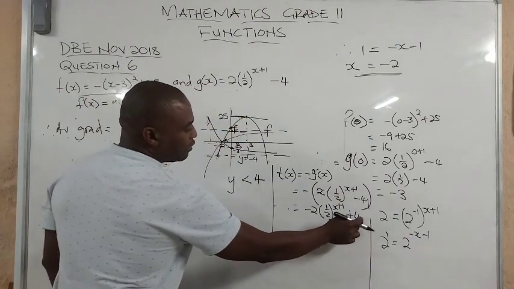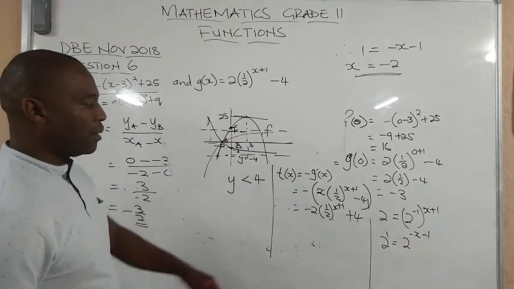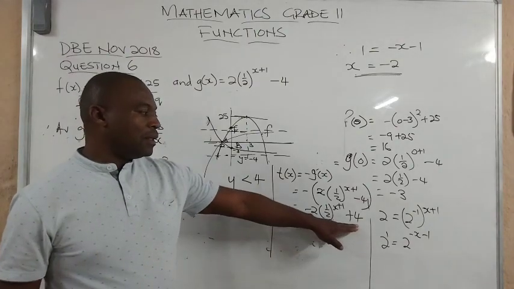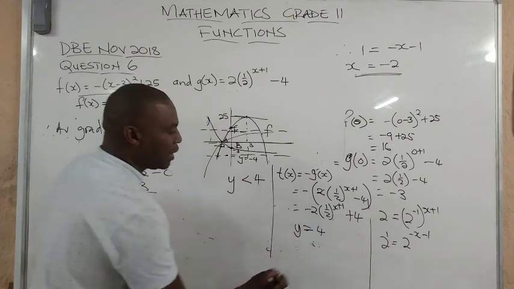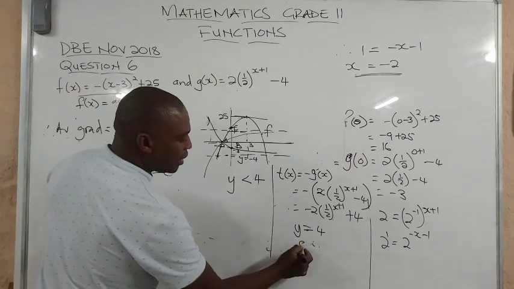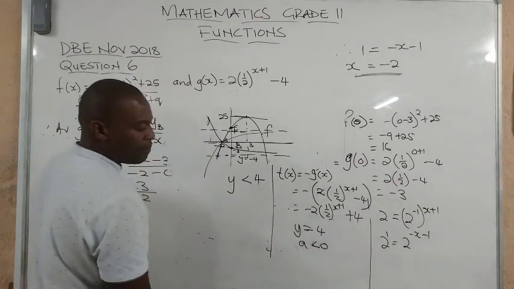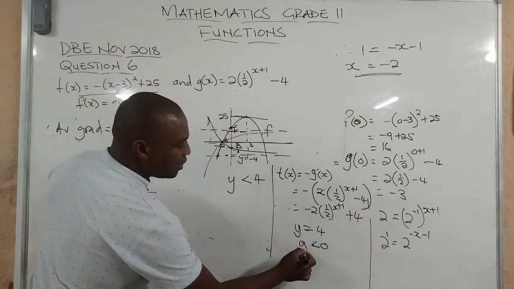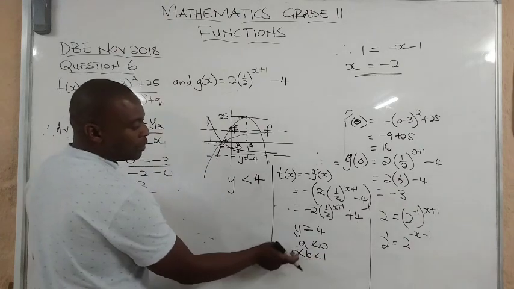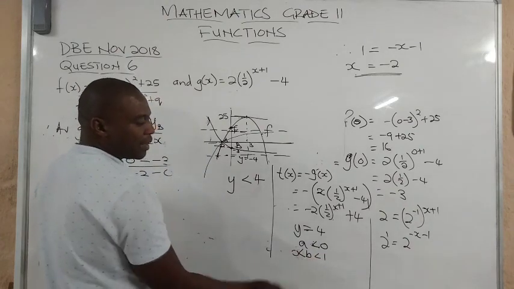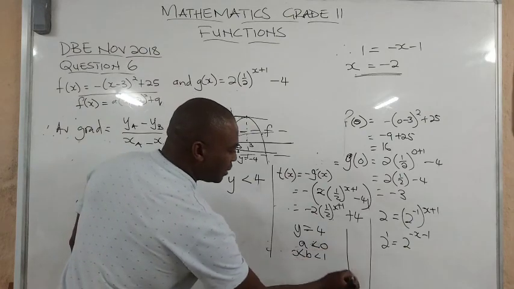And that now gives us the new asymptote, that is y is equal to 4. And also looking at a is less than 0 and b is greater than 0 but less than 1, this shows that the graph is under the asymptote.